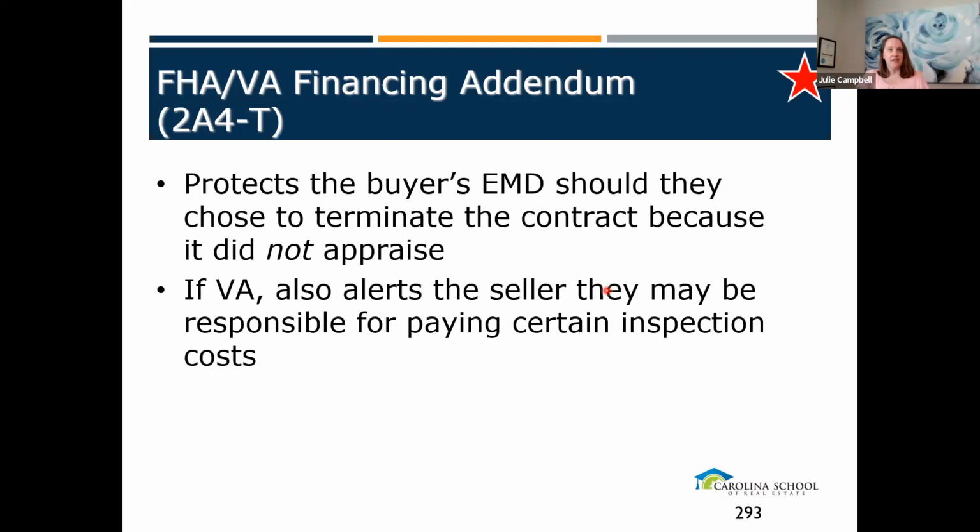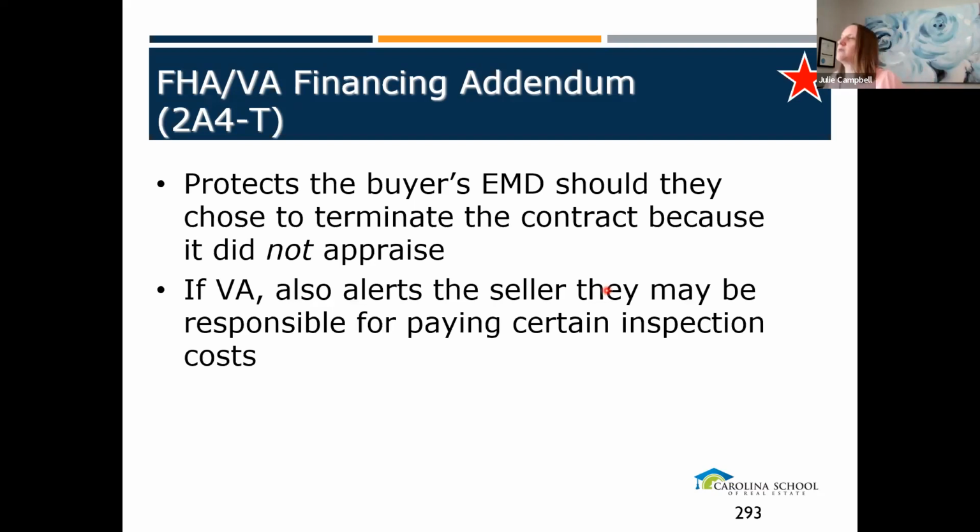In the event that the buyer terminates because the home doesn't appraise, not appraising is the only allowable excuse, this form protects their earnest money deposit. So even if they terminate after due diligence, this form protects their earnest money deposit. Again, the only allowable reason to terminate is because it doesn't appraise.